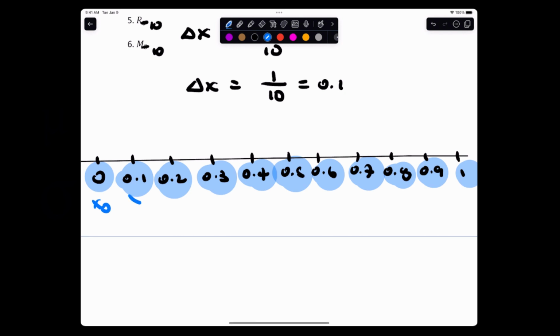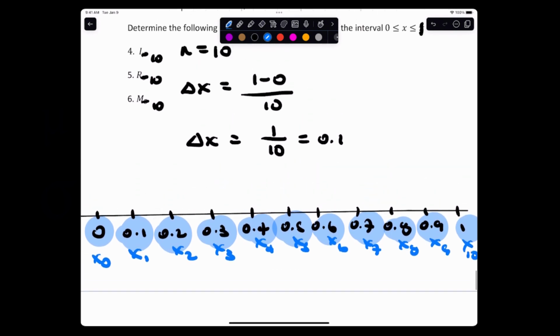And then the next one is x1, x2, x3, x4, x5, x6, x7, x8, x9, and this will be x10. It just has more partitions here, because n now is 10 partitions.